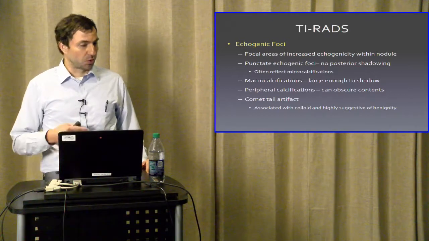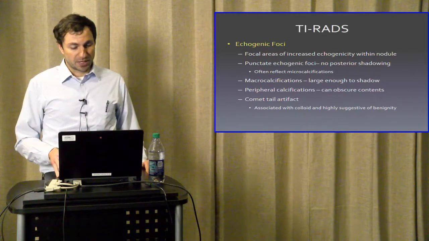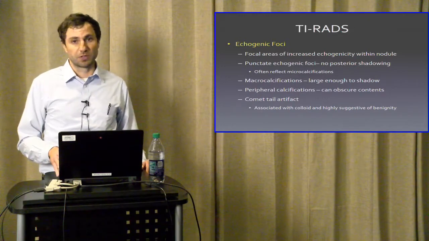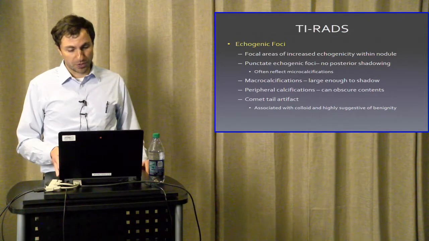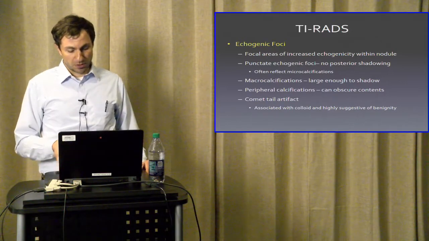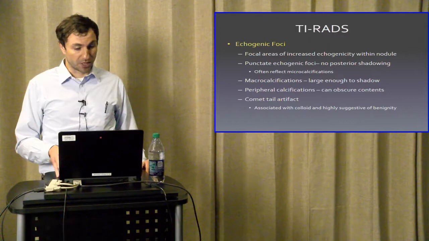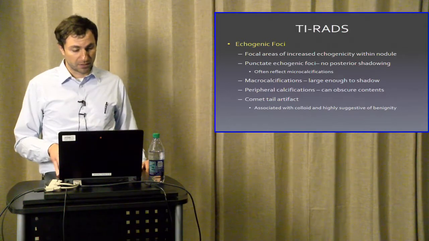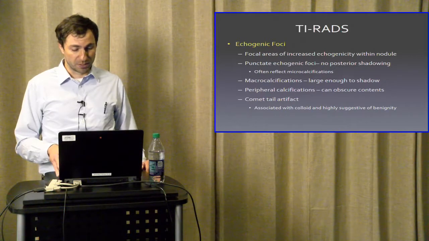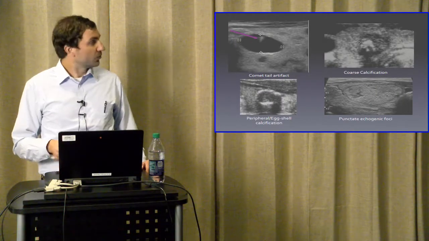Some of the nodules are peripherally calcified, which is not necessarily suspicious in and of itself, but it can obscure the contents of the nodule and make it difficult to accurately characterize it. And then there are special echogenic foci called comet tail artifact, which are associated with colloid and therefore suggestive of benignity.